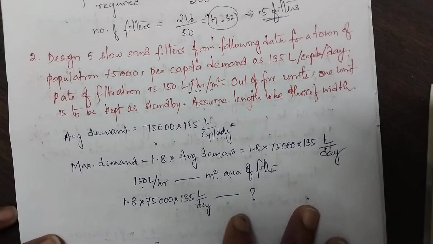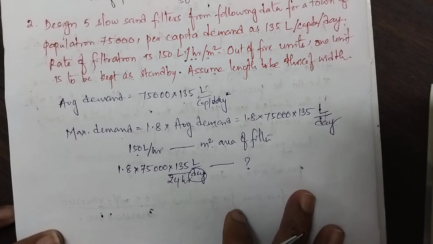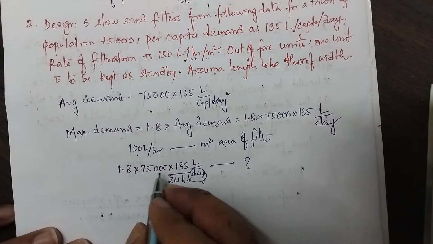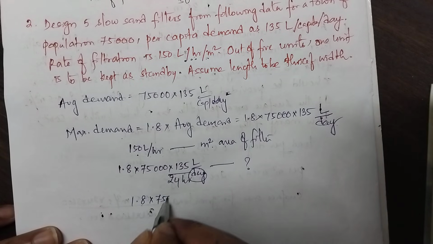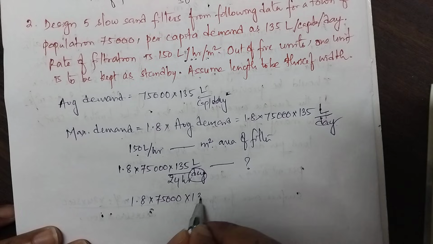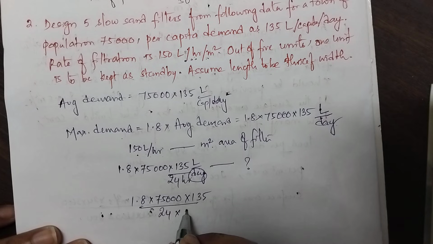Okay, so this day can be written as 24 hours to make it uniform units. Then this would be 1.8 into 75,000 into 135 divided by 24 into 150.